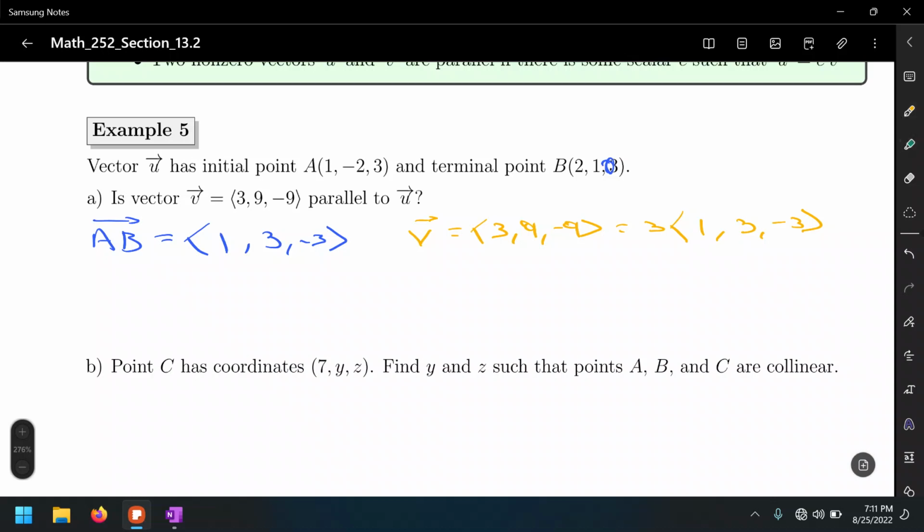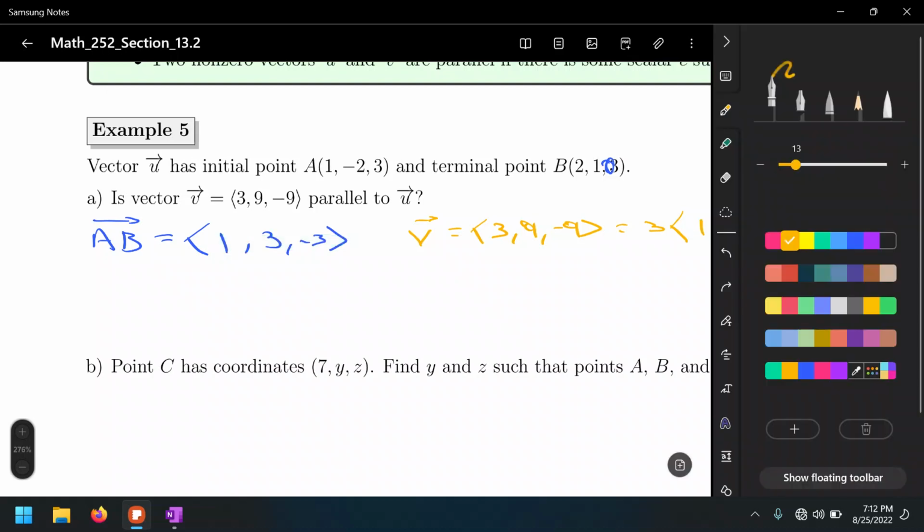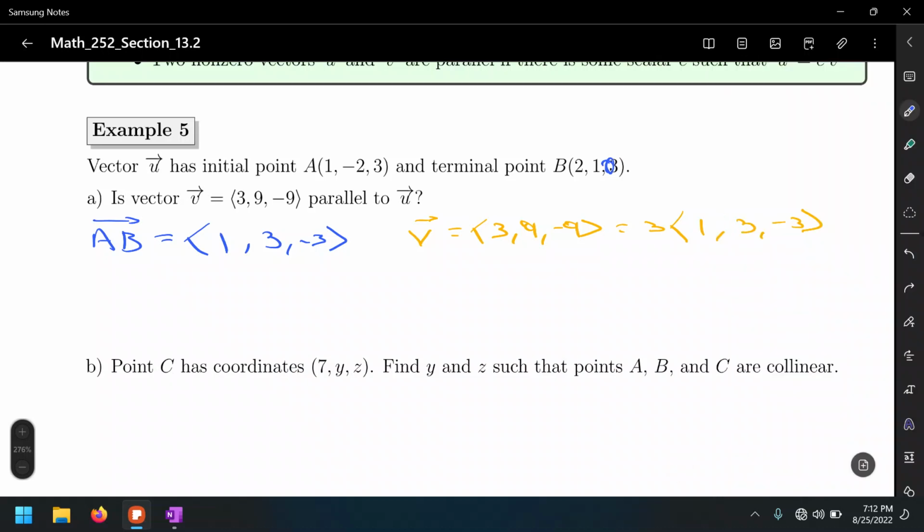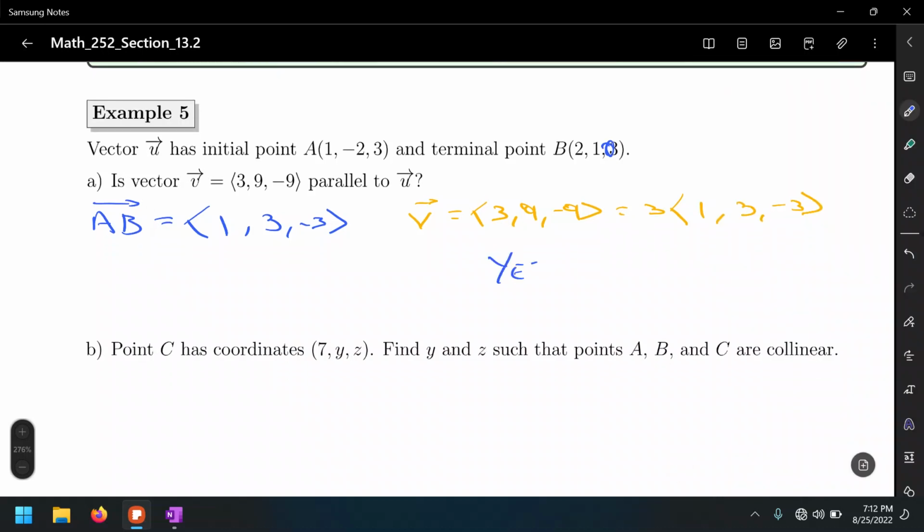If we compare these two vectors, they're the same, aren't they? That means the vector v is a multiple of the vector defined by the points A and B, and therefore they're parallel. So the conclusion: yes, parallel.